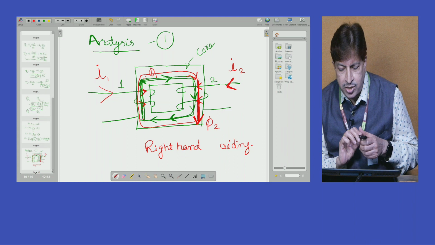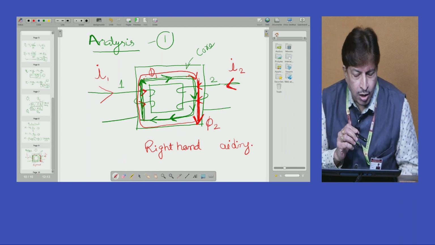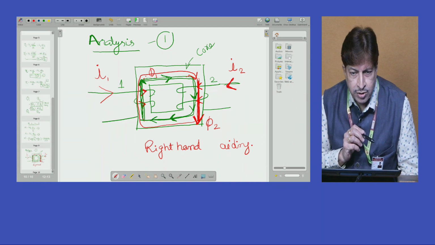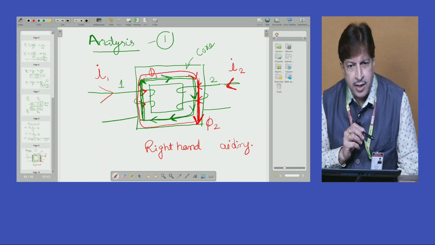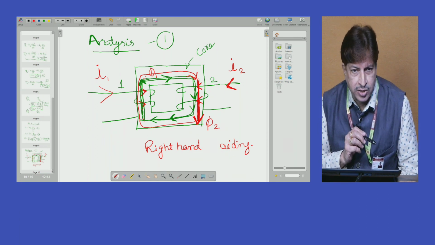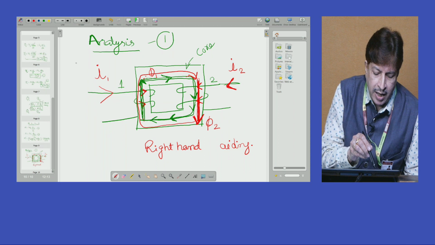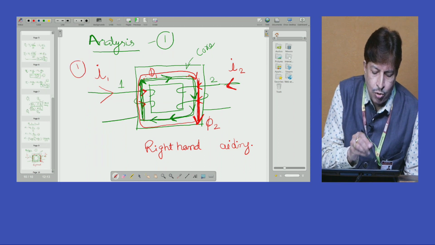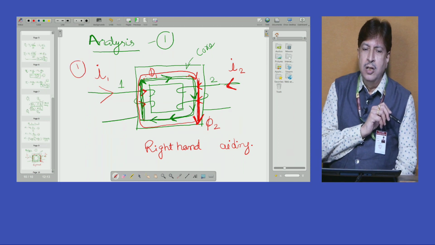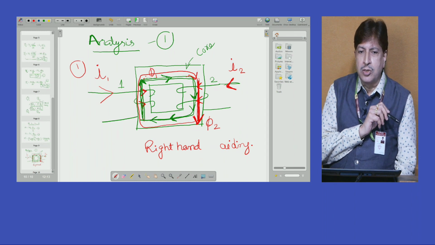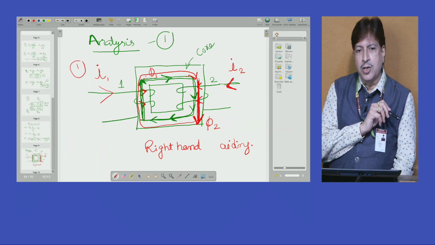Now let us consider another case. Before we draw the conclusions, you need to clearly understand various cases. In case number 1, what I showed was the two fluxes are helping each other.